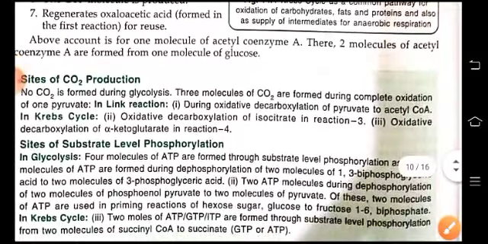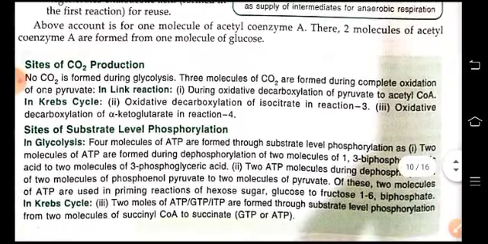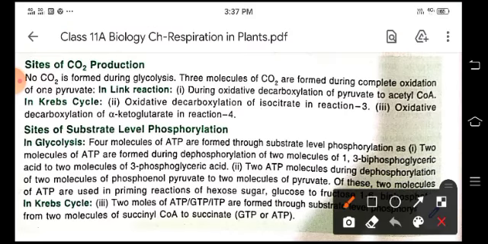Now sites of carbon dioxide production, children. No carbon dioxide is formed during glycolysis, but 3 molecules of carbon dioxide are formed during complete oxidation of 1 pyruvate. So in the link reaction, oxidative decarboxylation of pyruvate to acetyl coenzyme A. In Krebs cycle, oxidative decarboxylation of isocitrate, and oxidative decarboxylation of alpha ketoglutarate in reaction 4.